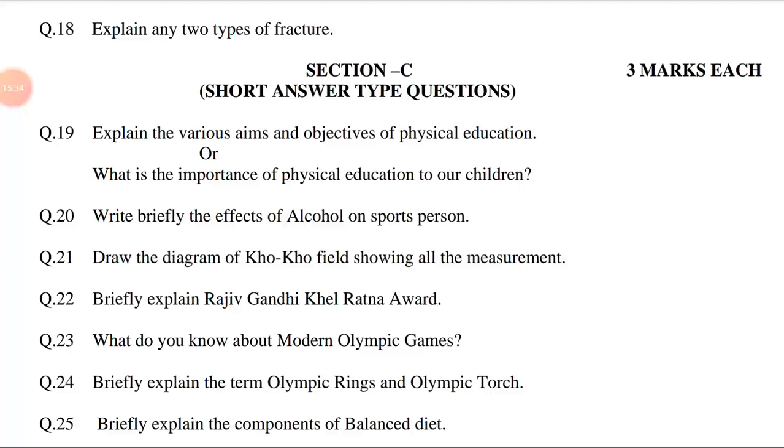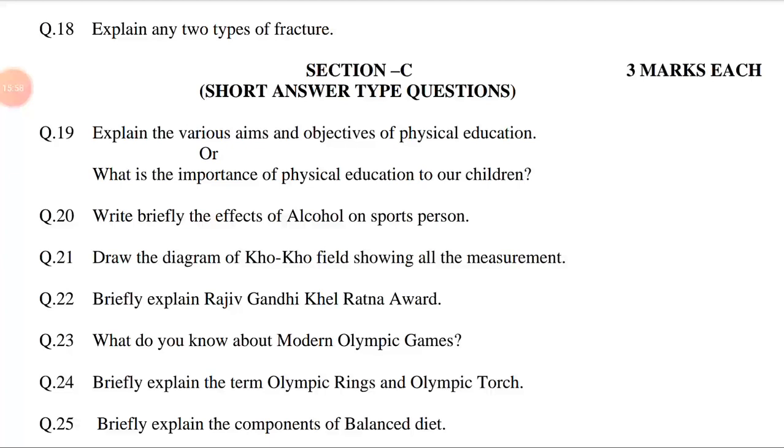Question number 18. Explain any two types of fracture. Types means category, kind, variety. Fracture: the cracking or breaking of bone is known as fracture. This question is related to chapter number 10, Common Sports Injuries and Rehabilitation.